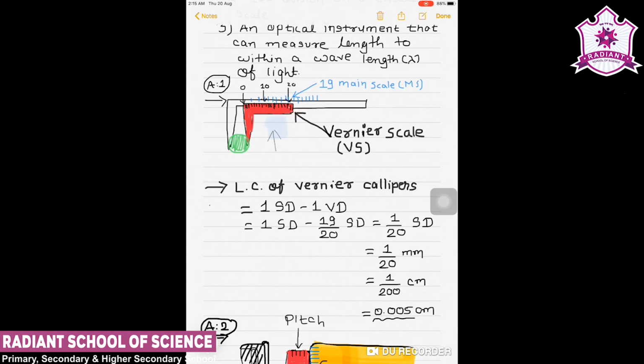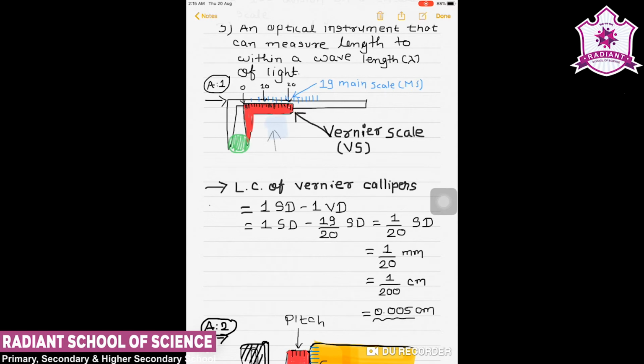So the least count of the vernier scale is equal to 1 main scale division minus 1 vernier division. Now what is the value of 1 vernier division? That is 19 upon 20, because the 19 divisions of the main scale are divided by the total number on the vernier scale. That is calculated with the help of this equation.